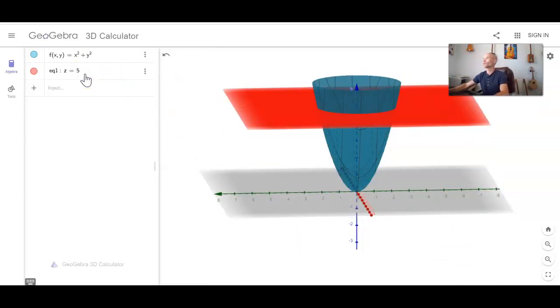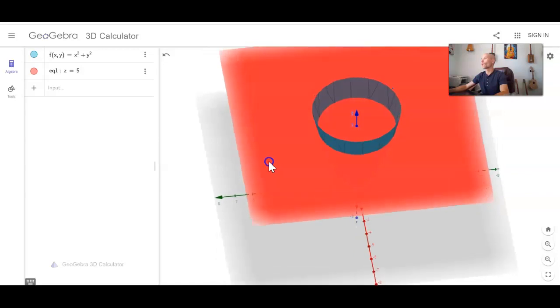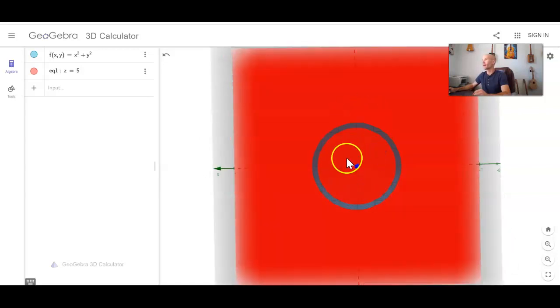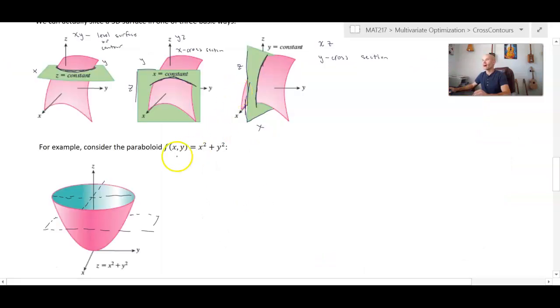And you can imagine that when we slice at z equals 5, we'll get a larger circle. So the way you can kind of visualize this is imagine that this is water and you're swimming around inside of this shape. Well, you can only swim around this circle because you're blocked by those edges. So that's visually how we do it.